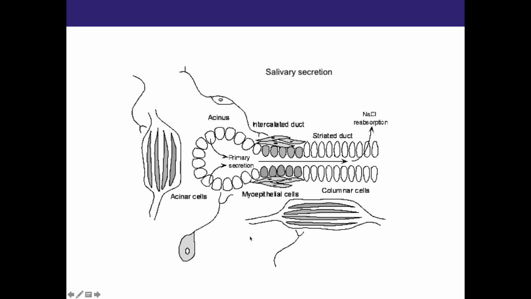The primary secretion from the acinar cells is very plasma-like, because plasma is being forced from the capillaries and transported across the acinus. So the primary secretions are isosmotic, with the same osmolarity as the plasma in the blood.